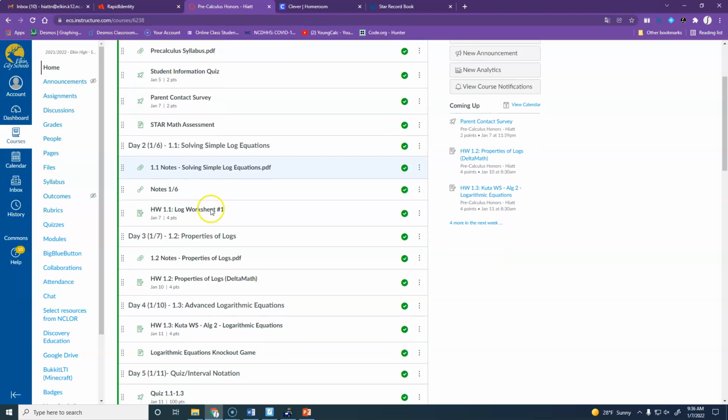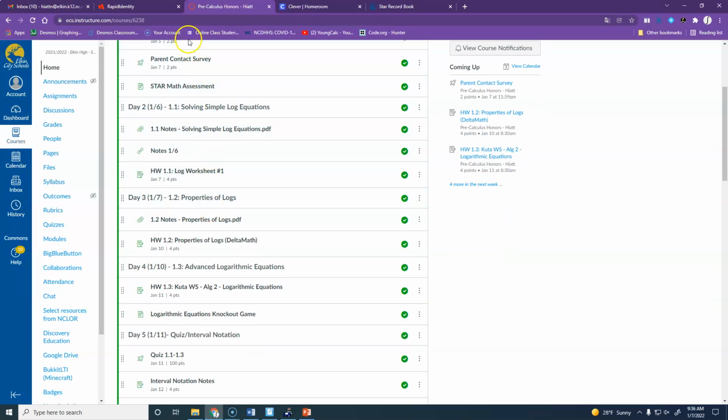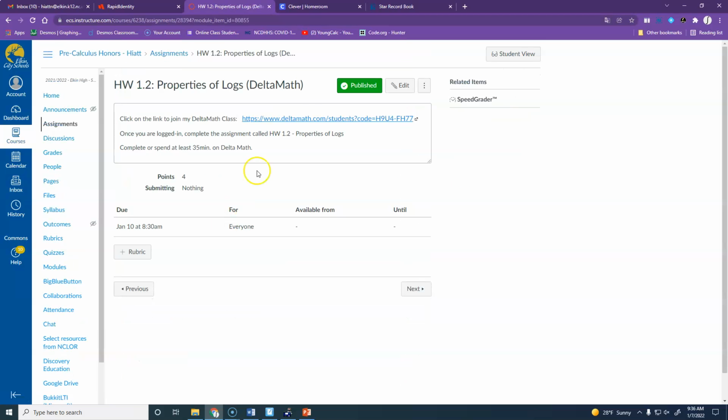So I think the best thing to do is if you go to Canvas for today's assignment, if you just click on this link, it's going to add you to my class automatically and you don't have to put in a code. But let's see how that works because that's a new feature in Delta Math and I'm not sure that it's working. And so you will work on this assignment for properties of logs. It's called Homework 1.2 Properties of Logs.